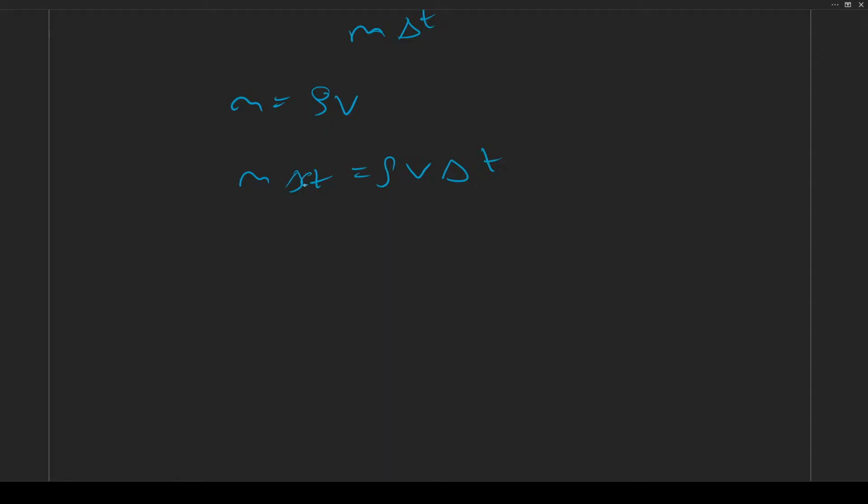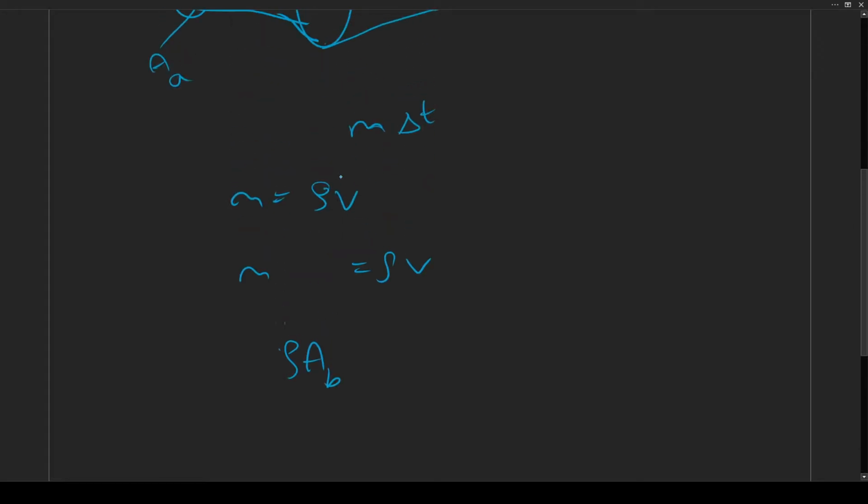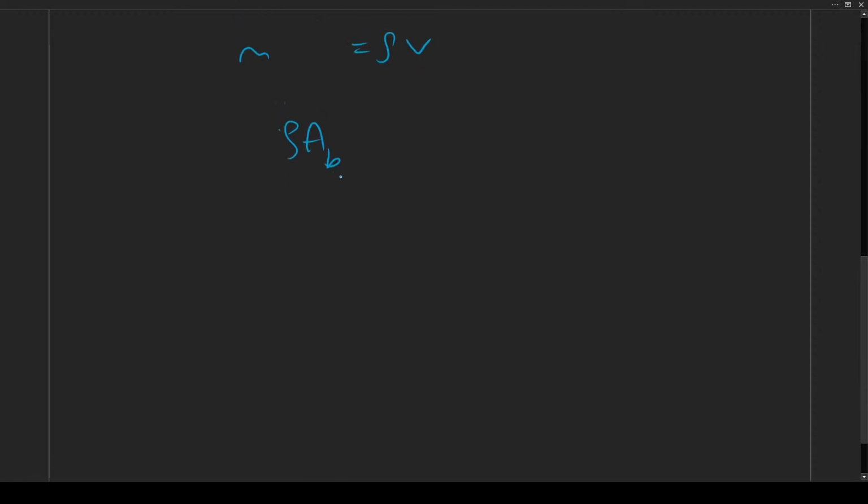There is no need for delta T. Mass equals rho V. Now volume we can write as area of the cross section B, which we are considering right now. Rho B, wait a second.